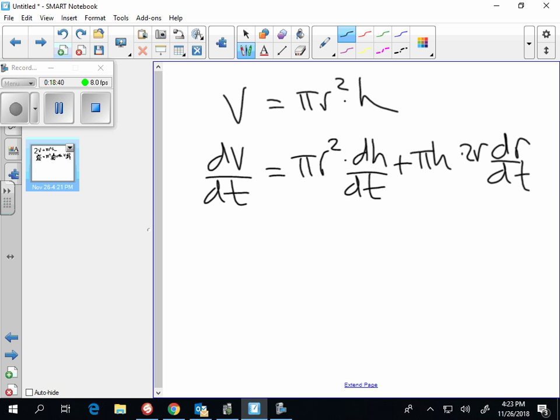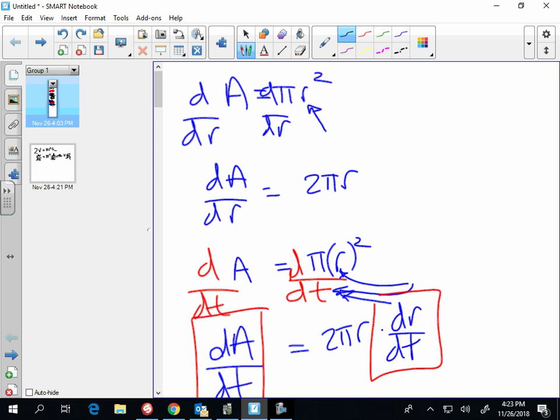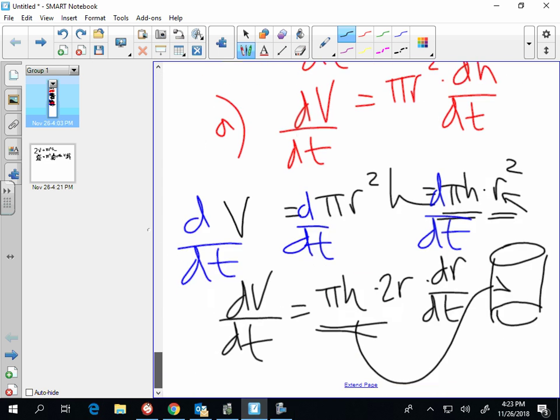Remember, I saw a product here. Now, we didn't have a product before in part A. Why not? Because when we were looking at part A and part B, we were told that height was a constant. And if height is a constant, it's a number. So the derivative of that number would be 0, and that part of the product rule would go away.